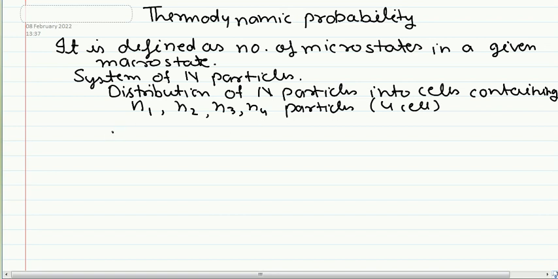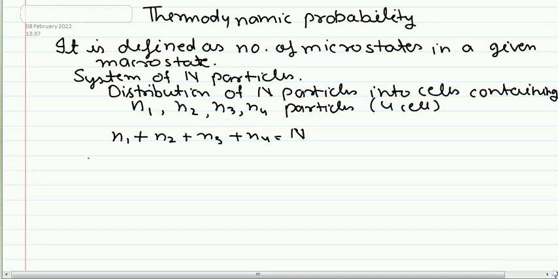So what is the constraint or the equation? The equation is n1 plus n2 plus n3 plus n4, and that should be equal to capital N, because we have distributed the N particles into four cells with the numbers n1, n2, n3, n4.